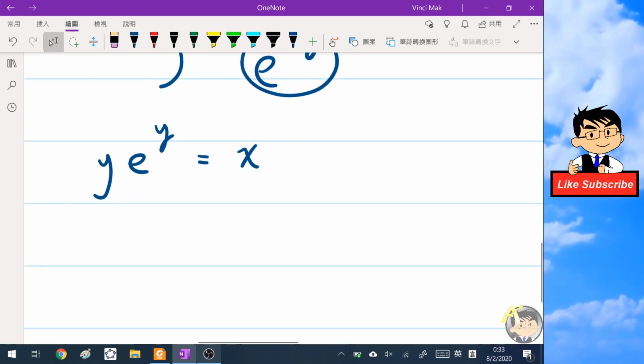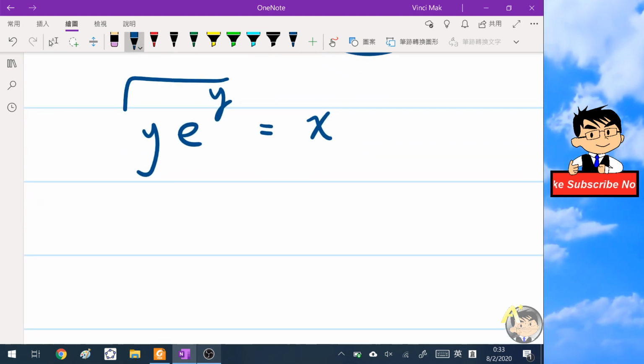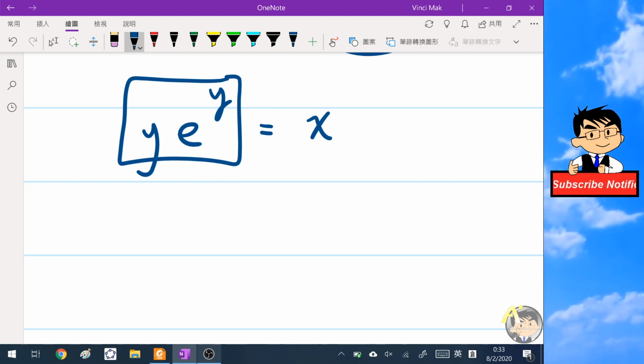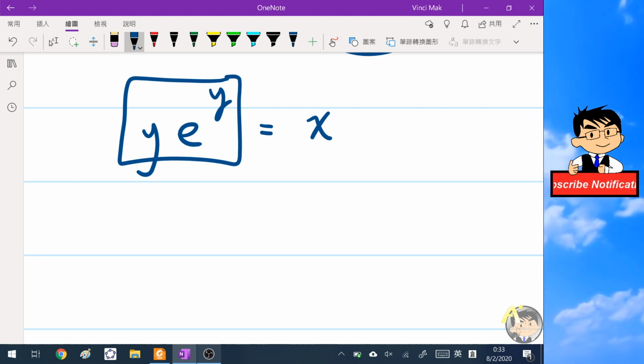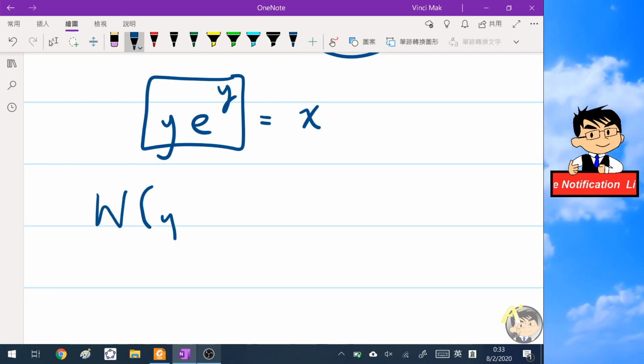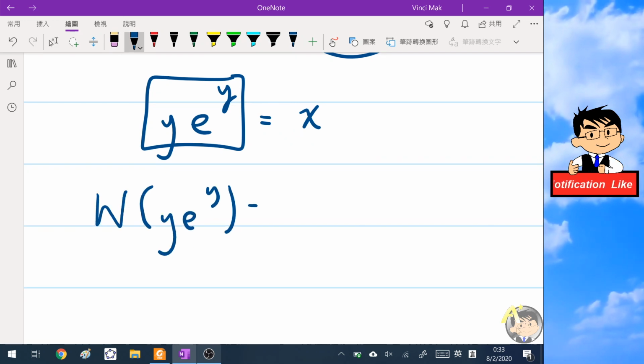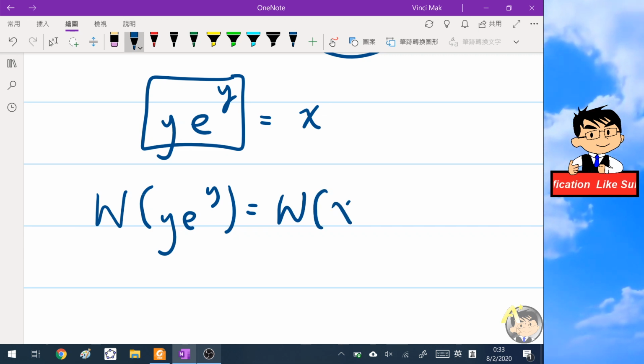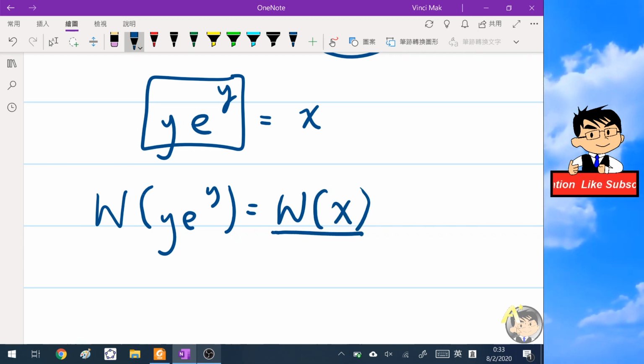So how do we isolate y on the left hand side? We need to use the Lambert W function. So let's try to apply this function to both sides. And on the right hand side we have Lambert W function of x.